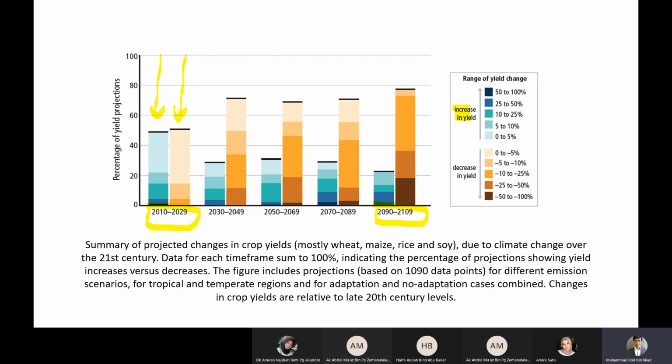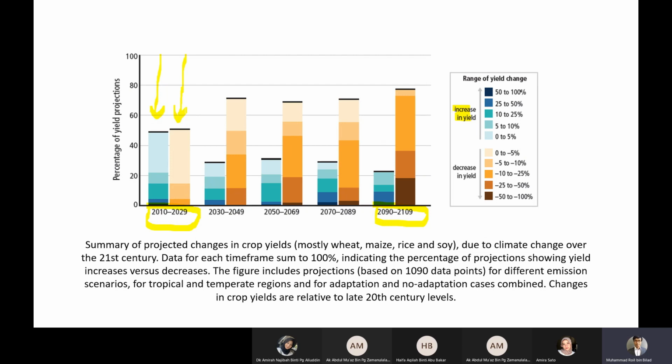This is because the conditions for crops are different from one place to another. The global change of climate might increase yield in some farming regions and decrease it in another. So you see there will be a shift in the productivity of the farm.